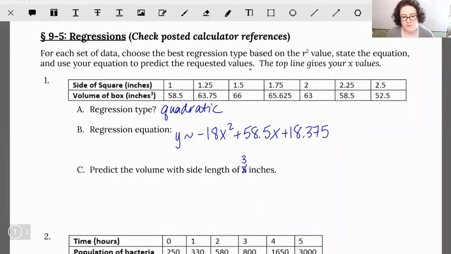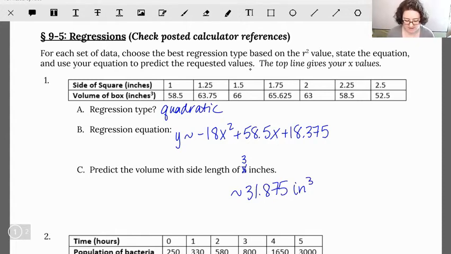And so our volume at 3 inches is going to be approximately 31.875 inches cubed. And again, it's an approximation because our graph isn't necessarily perfect. We didn't have an r² value of 1, so we know it's really, really close, but not exact. Okay, let's do our next one.